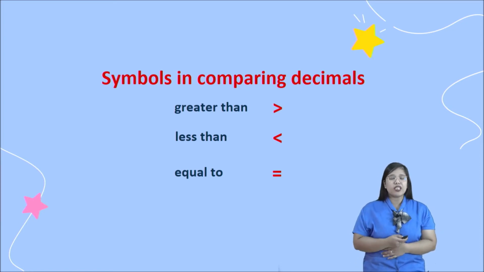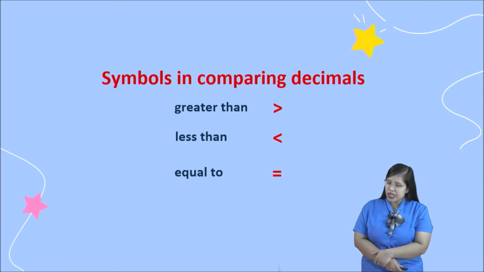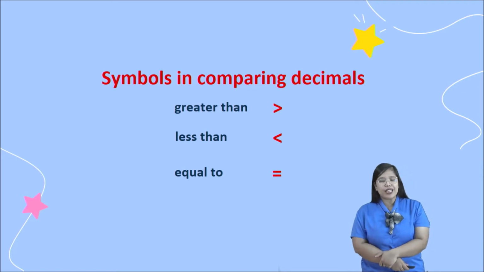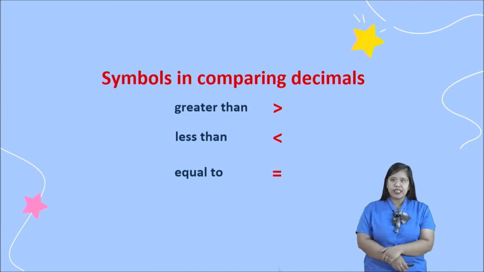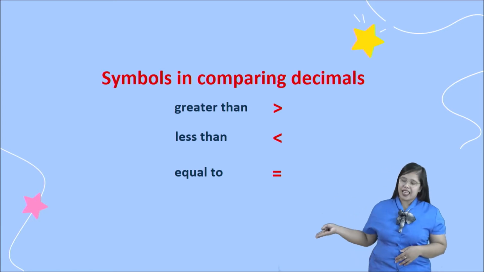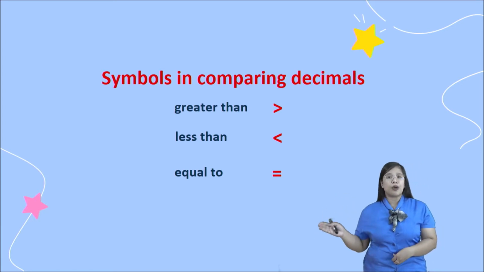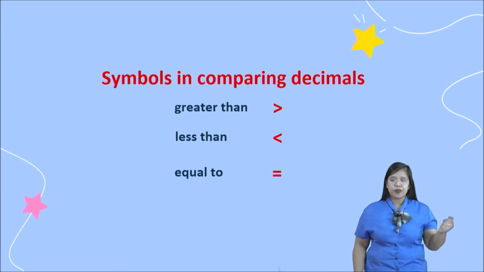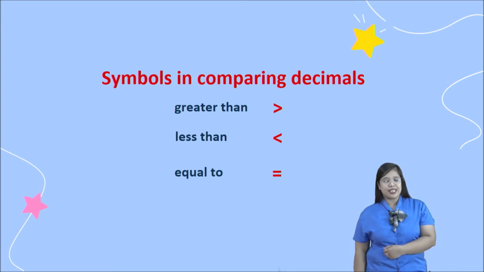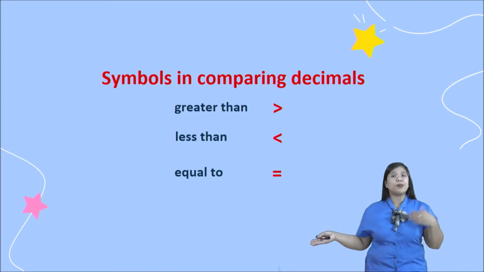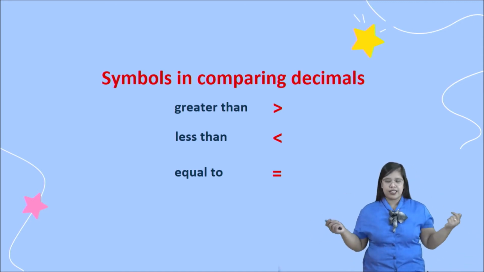So again, kids, we use greater than if the number or decimal on the left side is bigger than the number on the right side. We use less than if the number on the left side is smaller than the right side.